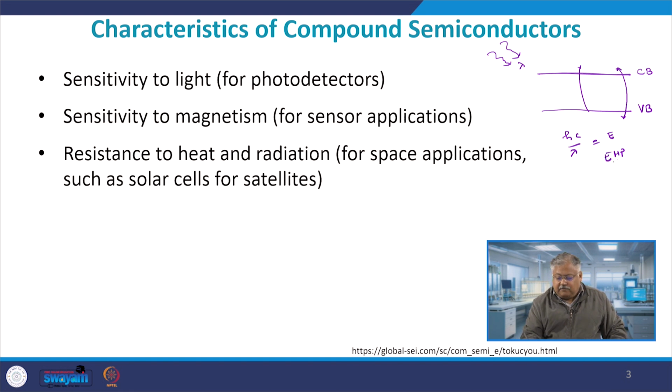And if you have a voltage or an electric field available within the device itself, these electron hole pairs move in opposite directions, and as a result a current is formed, and from there you can detect that a light has been falling onto the material.